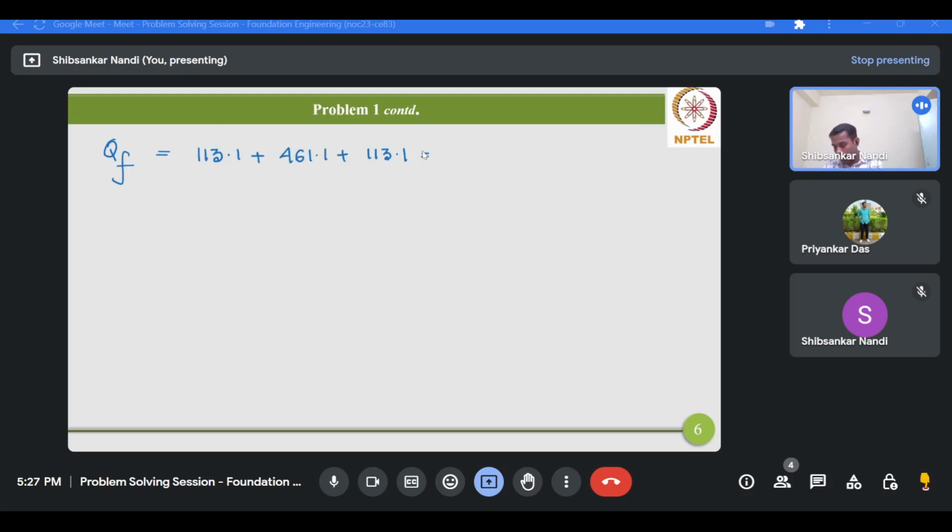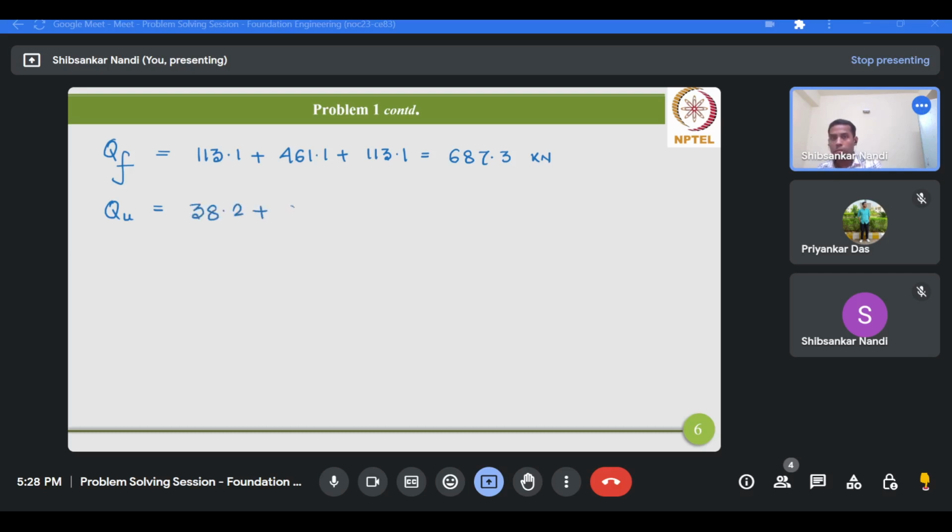After adding these three components, we have the QF value as 687 kN.